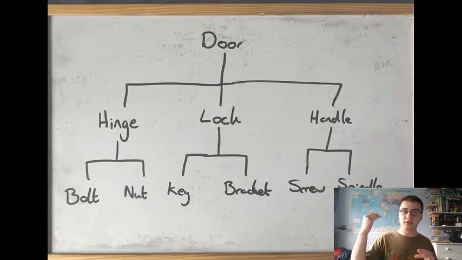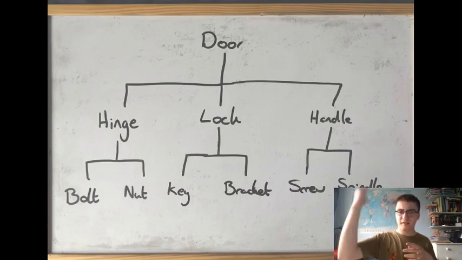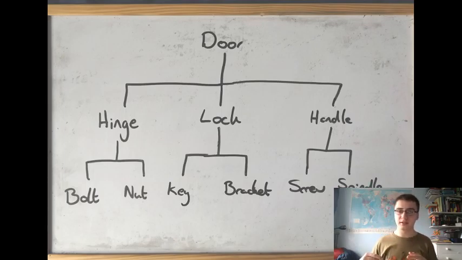You're connected to the rest of your family through your parents. The example, again given in the book, I'm using a lot of book examples in this video, as you might have noticed, is that you have a door, and the door has a hinge, and the hinge then has a bolt, and they can always split into different things.